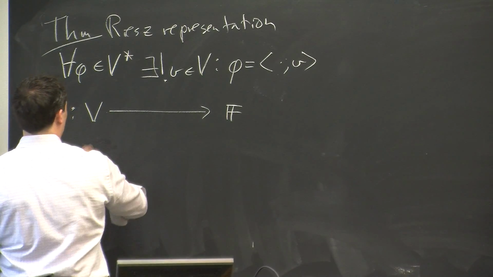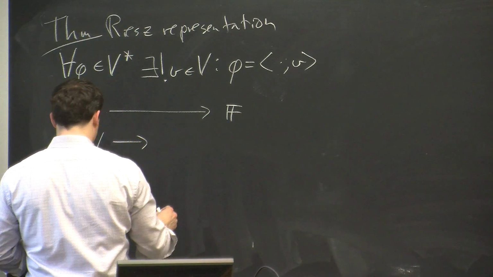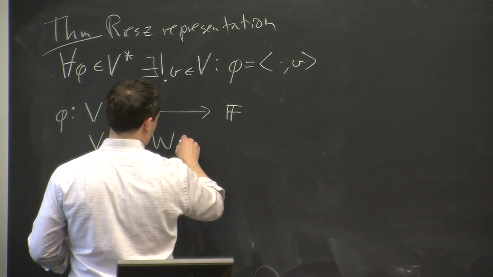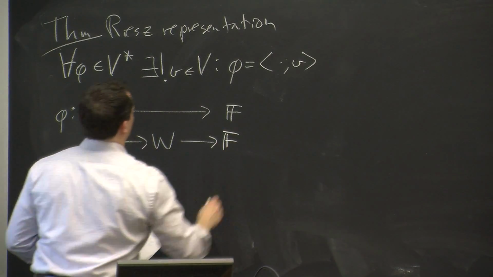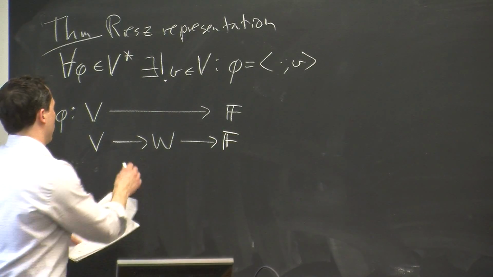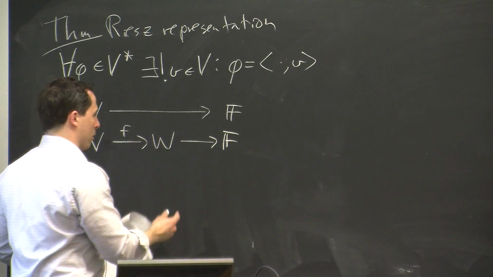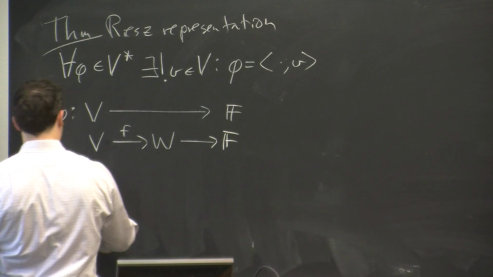First, it's going to have an intermediate space, which is W. So I'm going to give you an element phi by giving you a map from V to W, which we'll call F, and a map from W to F, which will be an inner product with something.